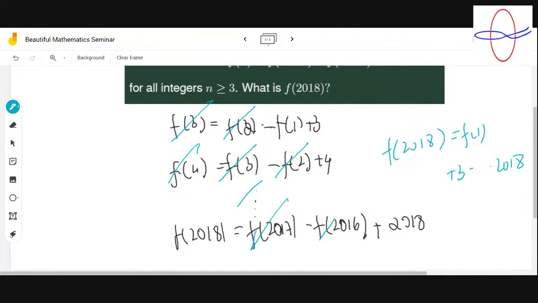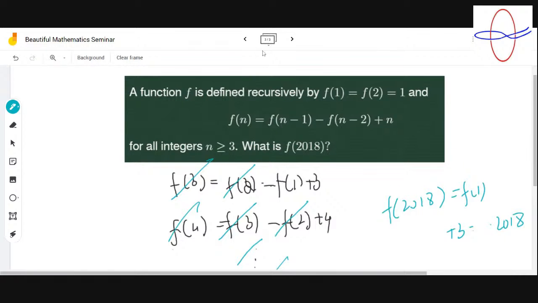Yeah, all of you understood this? Any doubts? Now what is f of 1? f of 1 is given to be 1, right?